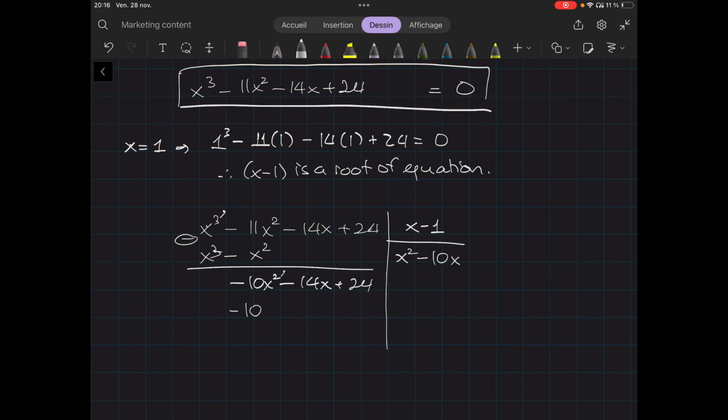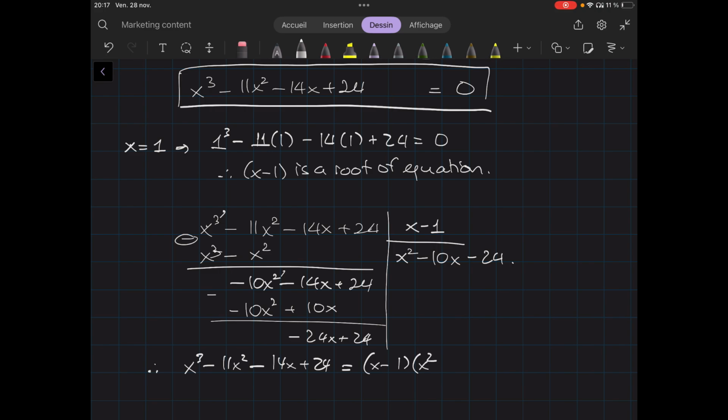Pause the video if you would like to see it more closely. Therefore, we can say that x cubed minus 11x squared minus 14x plus 24 is equal to x minus 1 times x squared minus 10x minus 24.